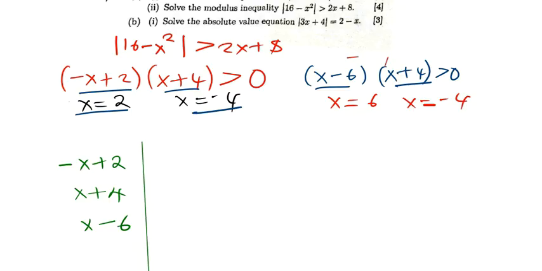So what do we have for the tables? Which one do you think is the smallest number among the numbers that we have? So negative 4 is the smallest, so we can have negative 4, and then we can have 2, and then we can have 6. Okay, so then we can draw lines here.